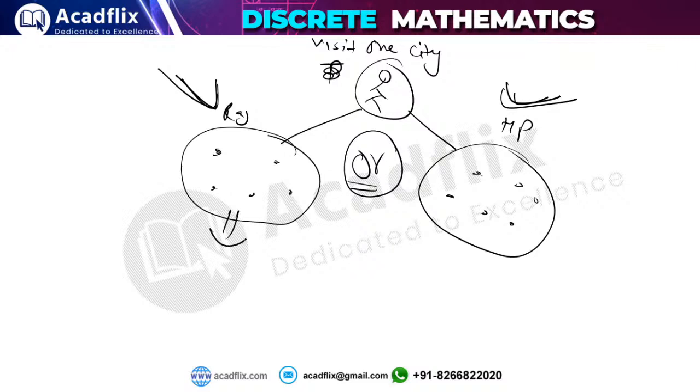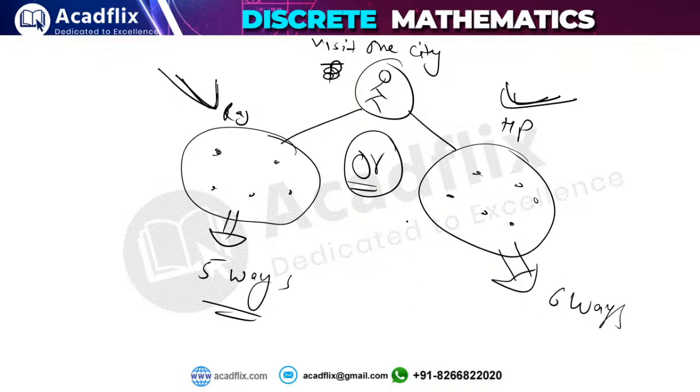How many ways are there to complete this task? There are 5 ways, because there are 5 cities here. How many ways are there to complete this task? There are 6 ways. Remember one more thing, all these ways are different. For example, this city is a city of Rajasthan, and this is a city of Himachal Pradesh.